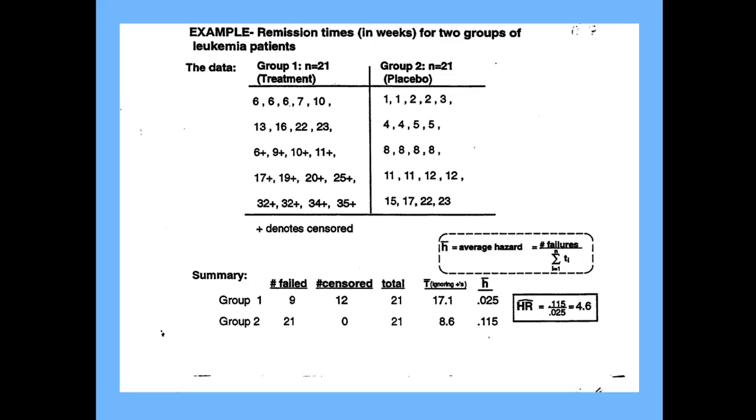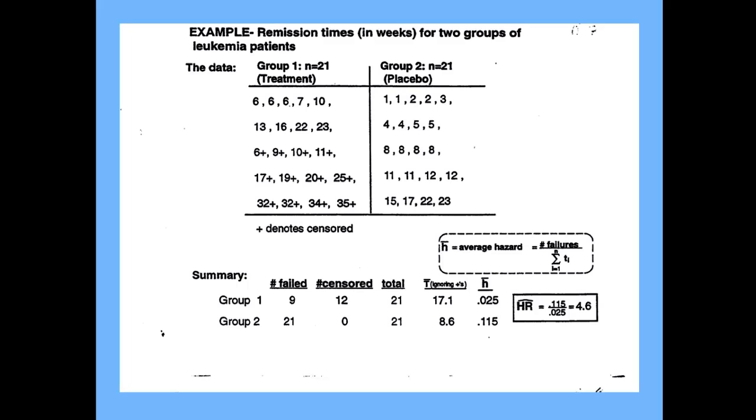Well, you hope it might be statistically better, and you might want to measure how much better they're doing, but that's the main question. Are the people getting the treatment doing better than the people getting the placebo? And by getting better, you mean their remission times are longer, because the longer they're in remission, the longer they're sort of surviving, or the longer they're okay. And once they go out of remission, then they're not okay anymore.